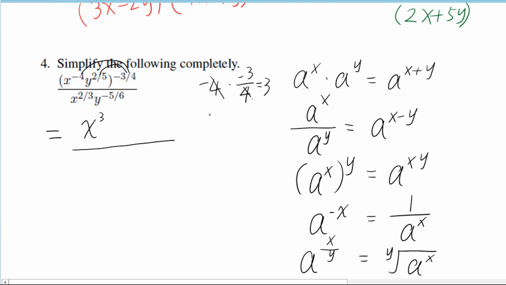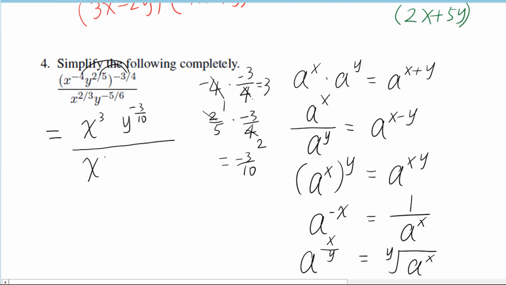For 2 over 5 times negative 3 over 4, reduce, you will get 1, here's 2. So y to the negative 3 over 10th power.